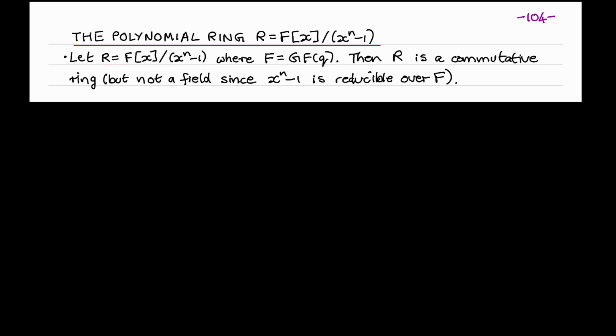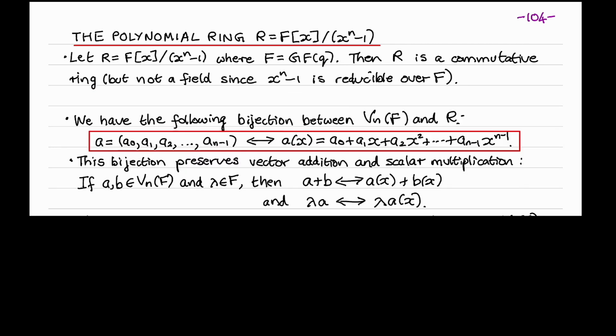Recall that the elements of the ring R are all the polynomials of degree less than n having coefficients in F, and we perform multiplication of these polynomials modulo x to the n minus 1. We know that R is a commutative ring, but R isn't a field since the reduction polynomial x to the n minus 1 is not irreducible over F. In fact, x minus 1 is a proper factor.